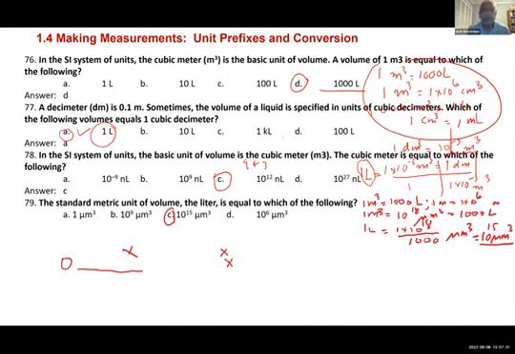The liter is equal to how many of the following units? The answer is C. How do you get C? Microliter is 9. Let me check the answer. C, correct.